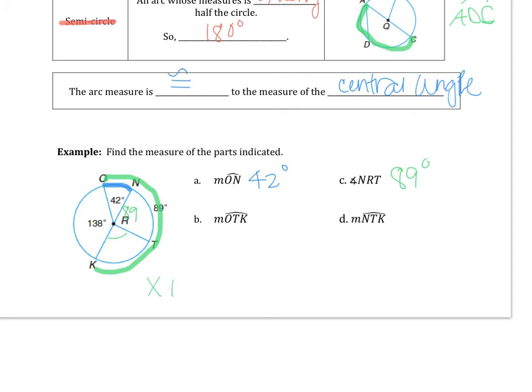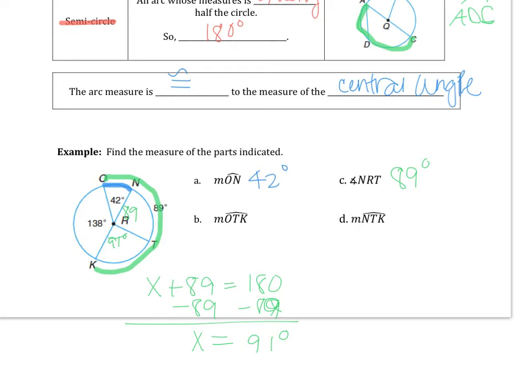So x plus 89 has to equal that 180 degrees. So solving for x here, subtracting 89, I've got x equals 91 degrees.